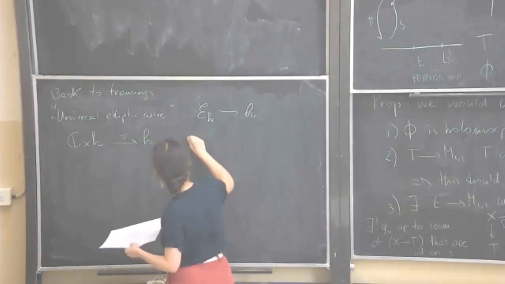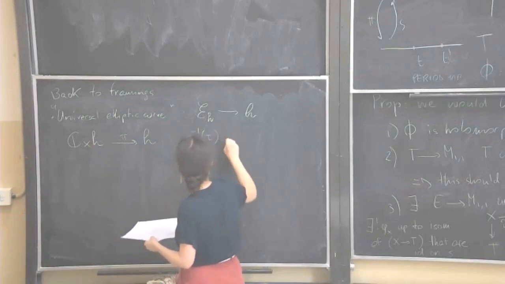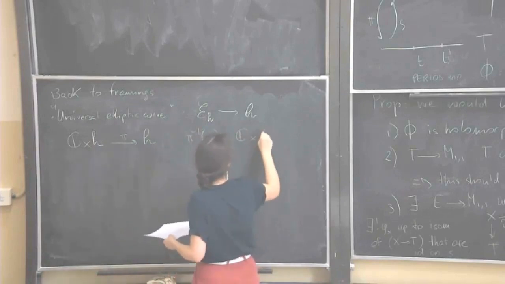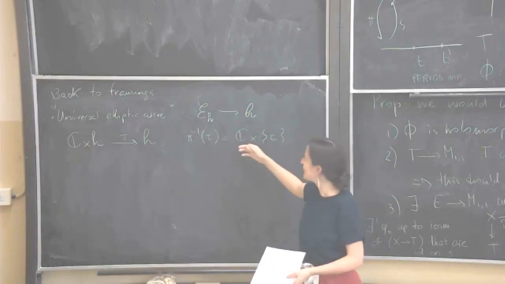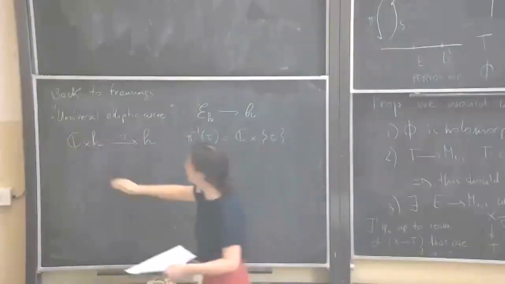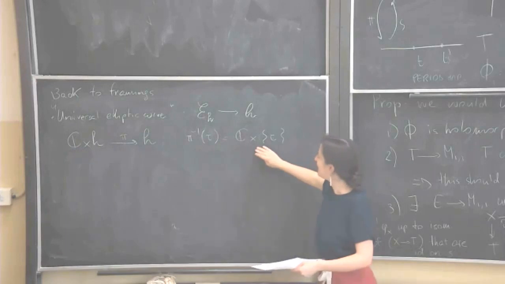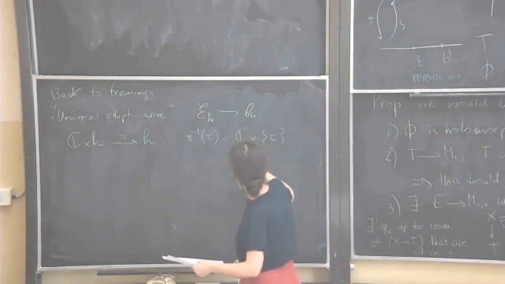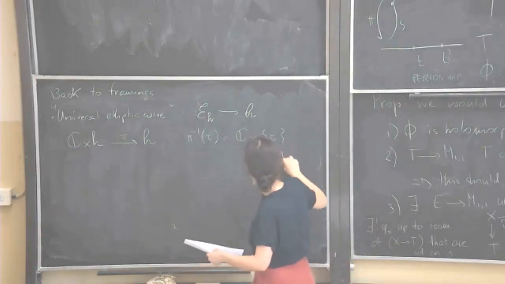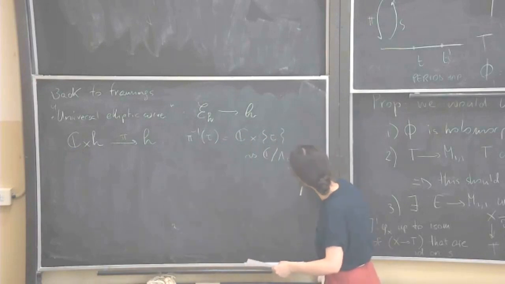Now, the fiber over any point now is C. So what we now want to do is to take some quotient of C times H, such that this fiber is not C, but an elliptic curve. We want it to be C over lambda tau, actually.